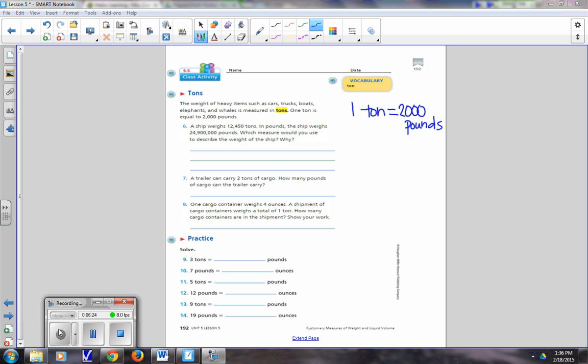In pounds, the ship weighs 24,900,000 pounds. Which measure would you use to describe the weight of the ship and why? I'm thinking I would use tons because isn't that one a lot easier to read?